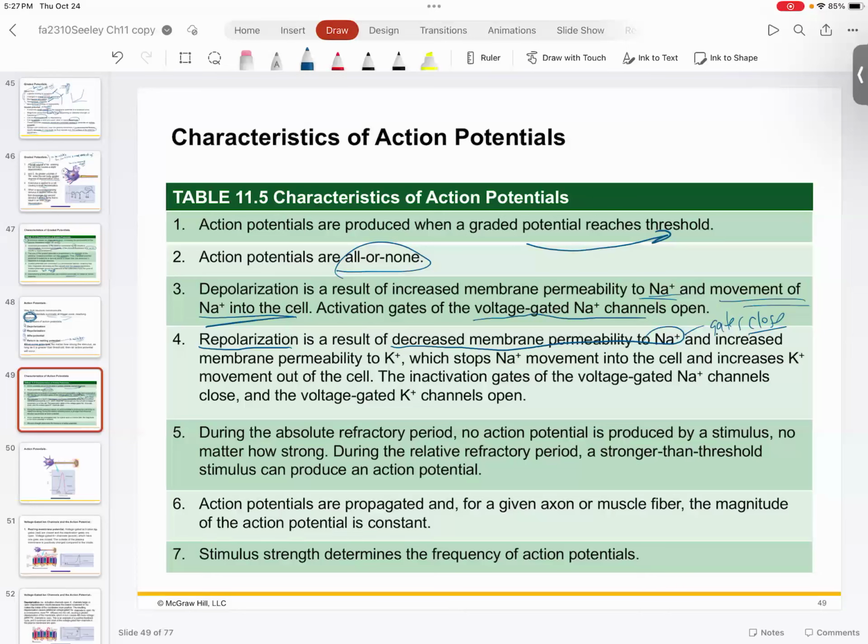Generally speaking, it's not really a functional strategy to basically add or take away entire channels as a way to increase or decrease your permeability. It's a little on the clumsy side, right? I mean, it's a lot of work to make a channel, and it's even more work to try to get that channel positioned correctly in the membrane so it can be functional. And then, of course, if you want to take them out to reduce your permeability, then that's even more of a task and a chore.